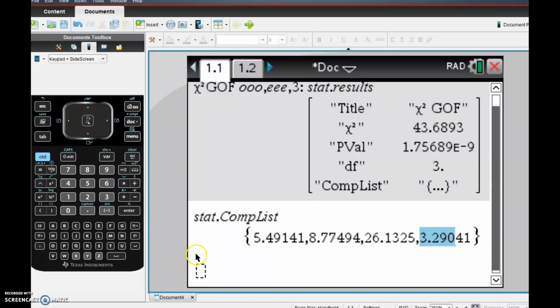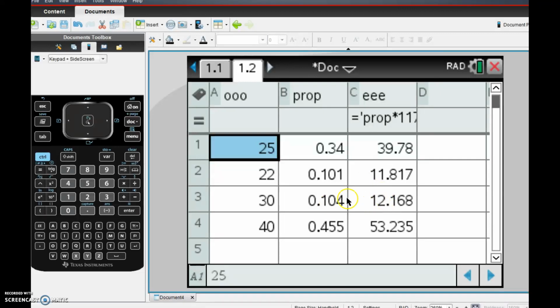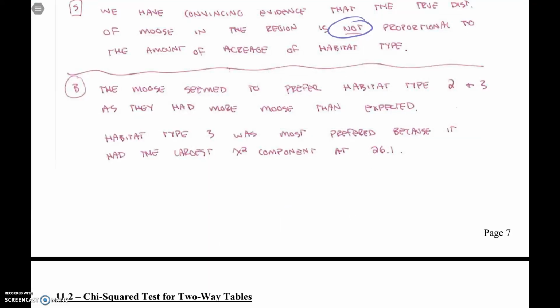So, but this was the largest. And it's not always the biggest difference, because remember that formula takes into account dividing by the expected counts. However, in this case, this was the largest difference also, right? It had a difference of 18. So when you do something like this, make sure you give specific numerical evidence.